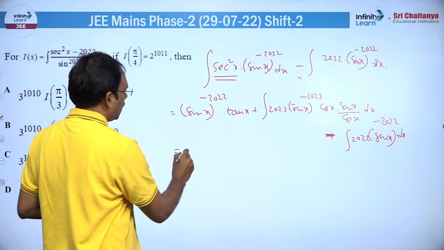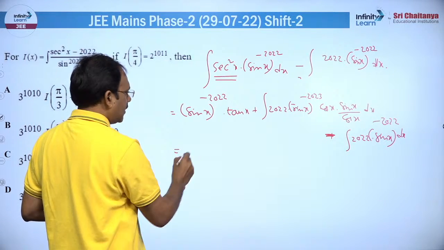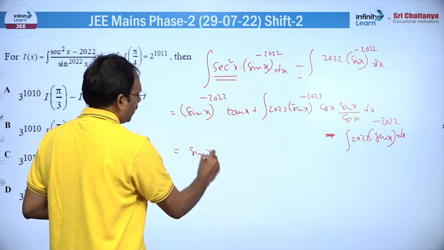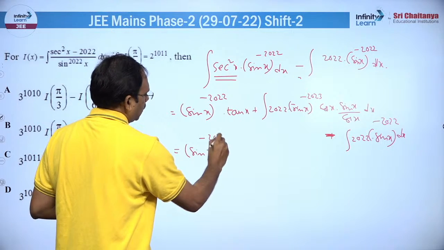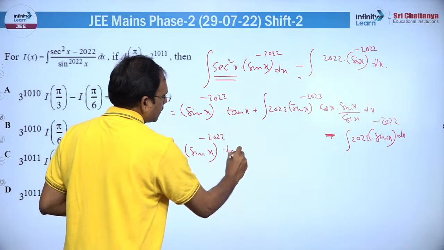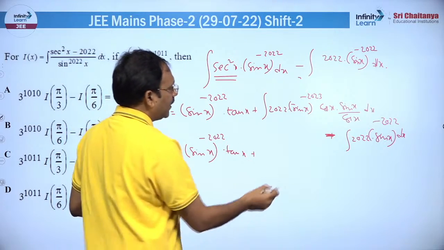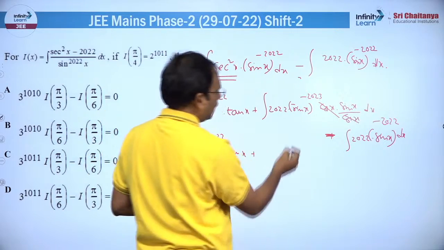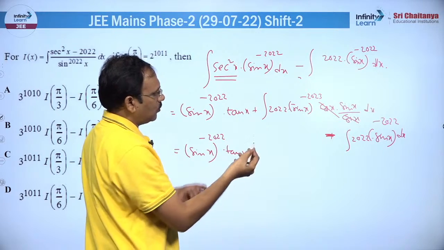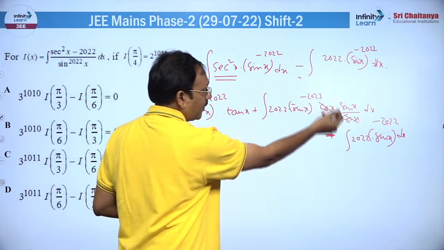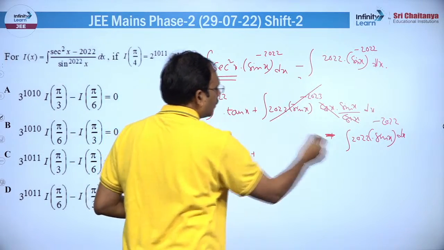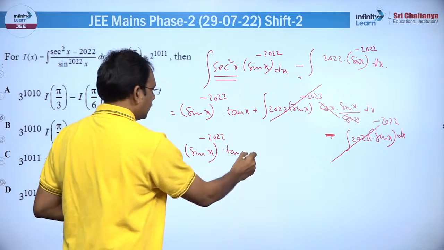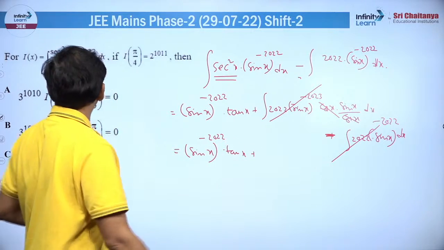Now here what you can observe is you can write sin x to the power of minus 2022 into tan x plus, when this cos x got cancelled, 2022 into sin x to the power of minus 2022, both are the same with plus and minus. This is going to be the integral, my dear friends.